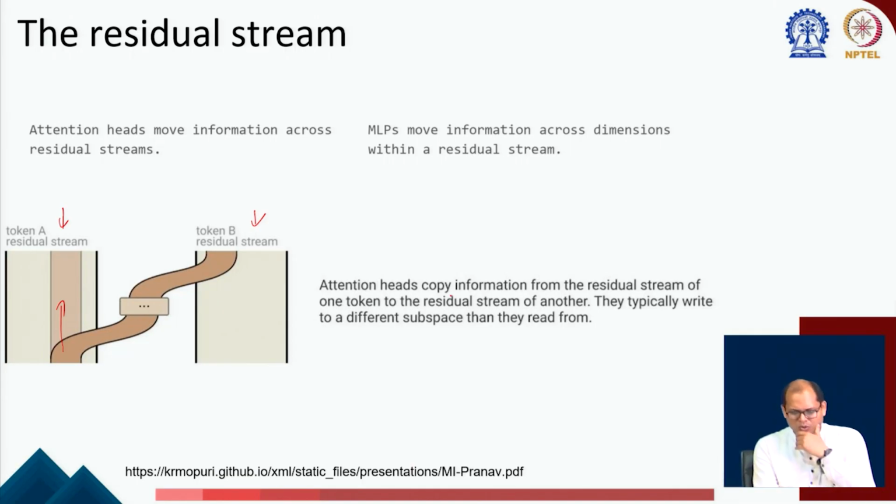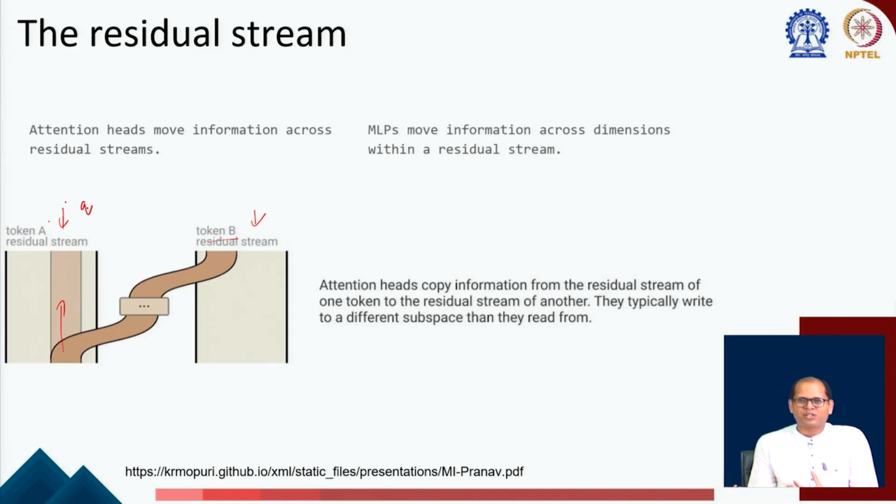Right. Attention heads, what do they do? So, for example, here this is token A, this is token B. So, for getting the output for token A, you will take the query from here, and the keys will be taken from all the different tokens.